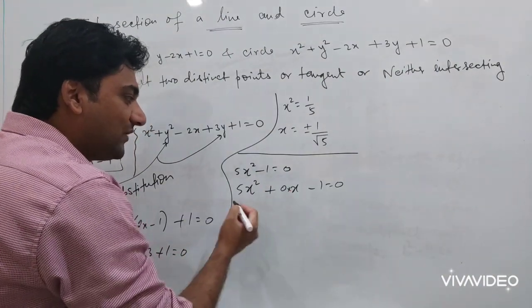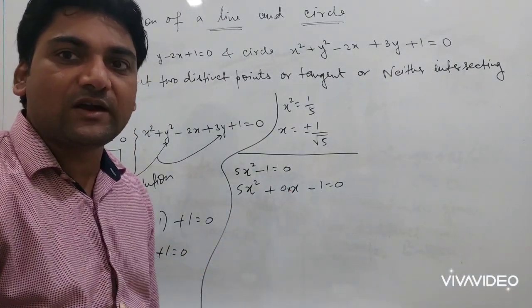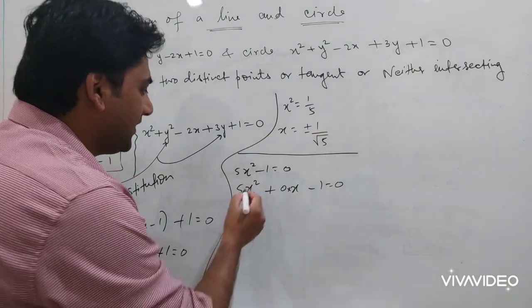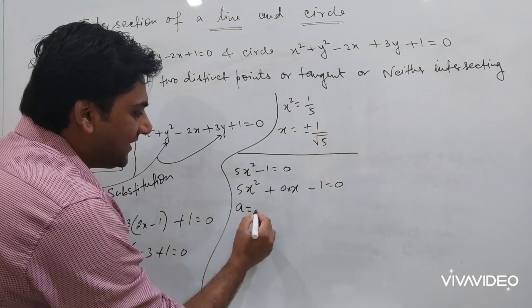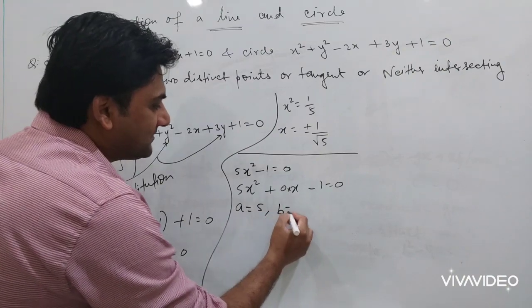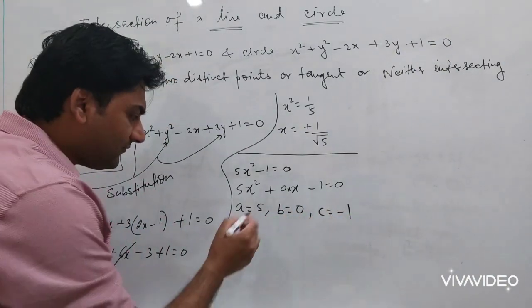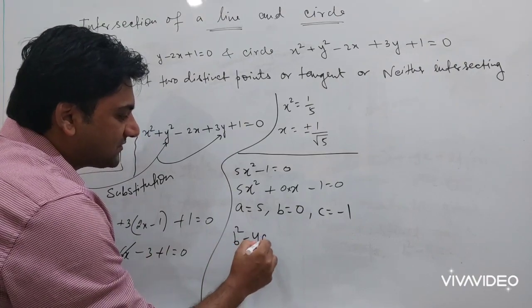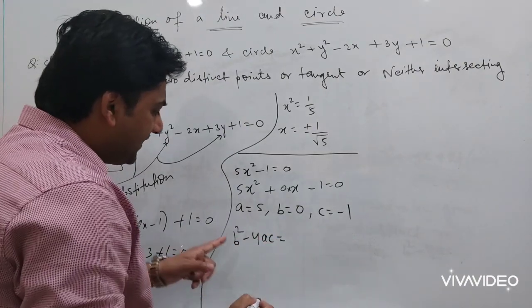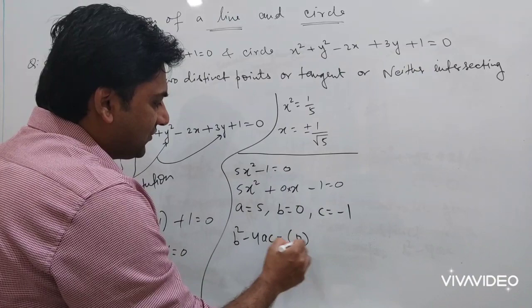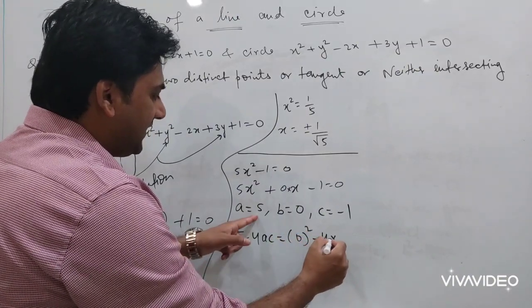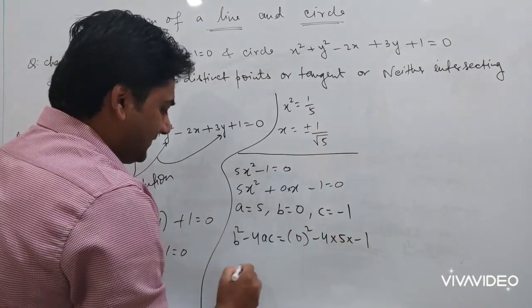Okay. Now relate this with ax square plus bx plus c. So what is a? A is 5. What is b? B is 0. What is c? C is minus 1. Right? Now you can find b square minus 4ac. B is 0. Okay, so this is 0 square minus 4 and a is 5 and c is minus 1.